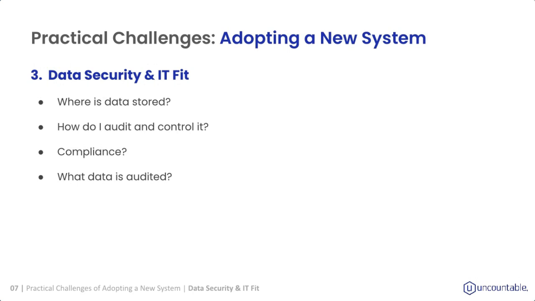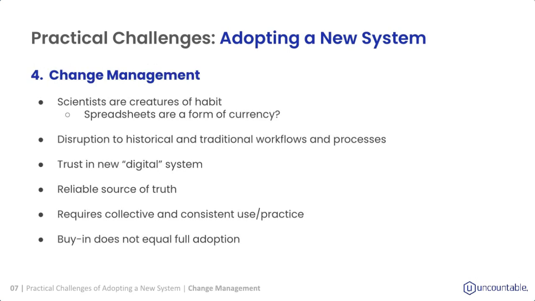Now, once you've overcome all of these different objections and hurdles, you still have to deal with the process of actually changing things. And so change management itself can be its own challenge of making sure that you're able to actually go and execute on a lot of these changes that you're proposing and making sure that there's a clear transition path from the world of spreadsheets to a more structured data system.